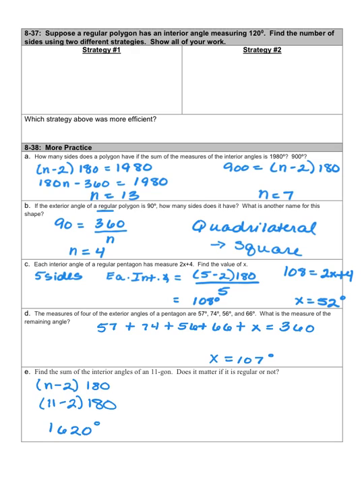The second question asks, does it matter if it is regular or not? N minus 2 times 180 gives us the sum of the interior angles for any polygon. The polygon does not need to be regular.